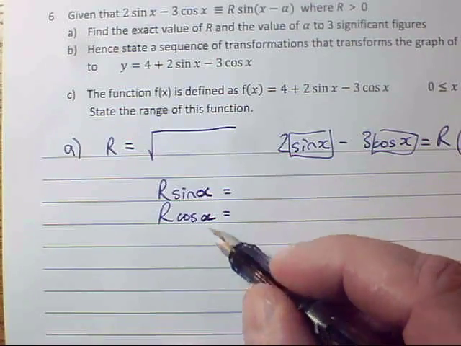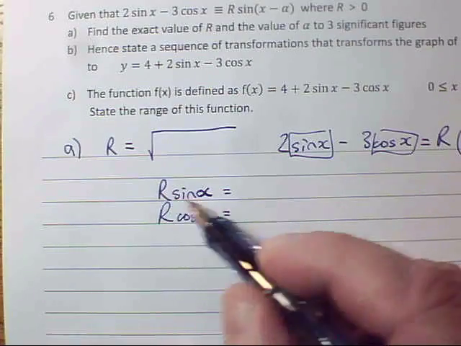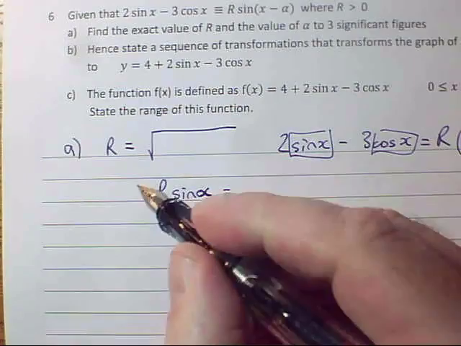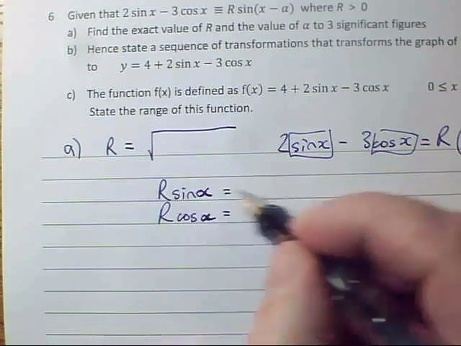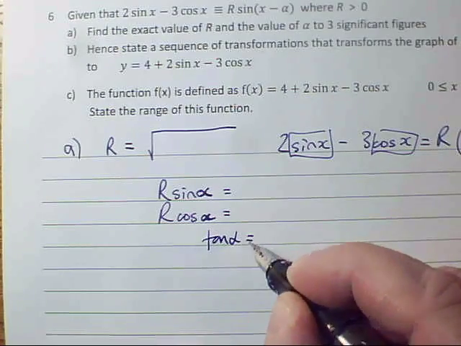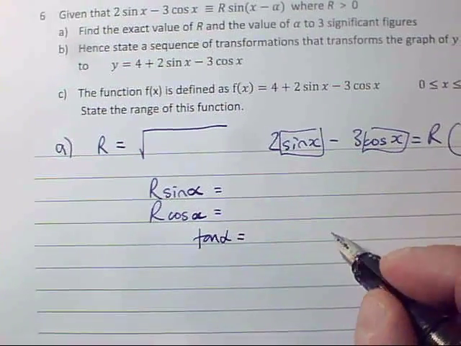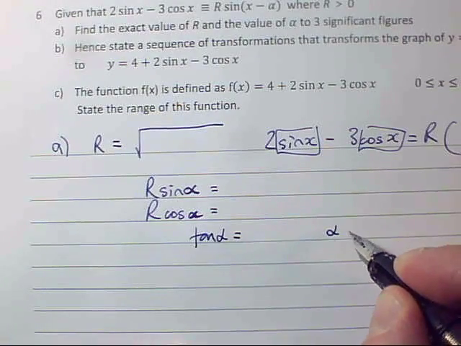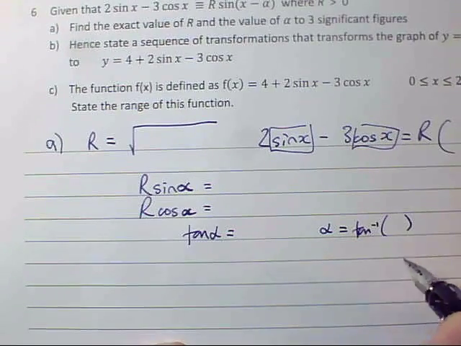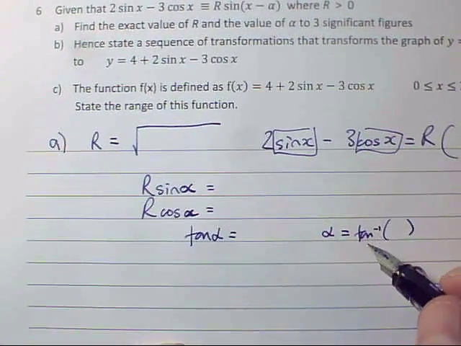What matters is that when you're trying to find alpha, some people like to divide by the R and find sine alpha and cos alpha. Some people like to do the top line divided by the other to get tan alpha, making sure you do the division the right way round. Whichever one you do, you're going to get alpha via an inverse tan, or it might be an inverse sine or an inverse cos, but that's only one of the 2 solutions in the possible range for alpha.